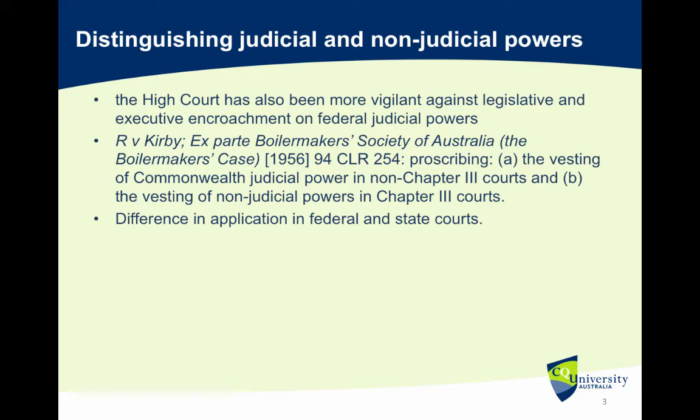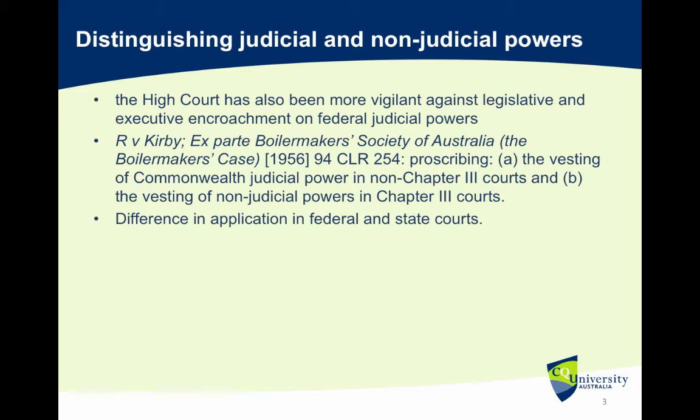As previously noted, when we speak of Chapter 3 courts, these are courts that are constituted according to Chapter 3 of the Australian Constitution. In particular, judges who form part of Chapter 3 courts are insulated from a lot of political pressure and influence, mainly because they have security of tenure.